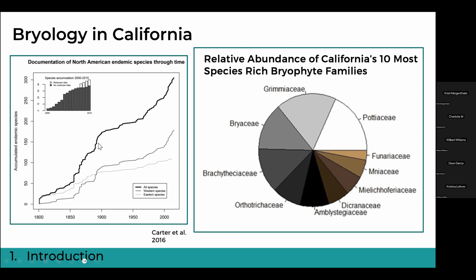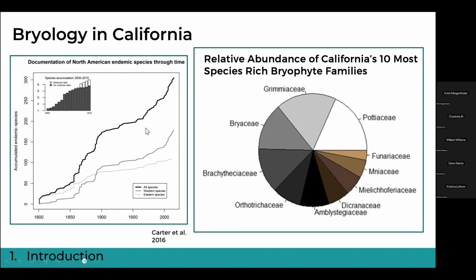And this very bold trend line here is the average of the two trends from the eastern and western species through time. Over the last 50 years, we can see this really steep upward trend from 1950 to 2000 is largely being driven by the discovery of endemic western species in California.